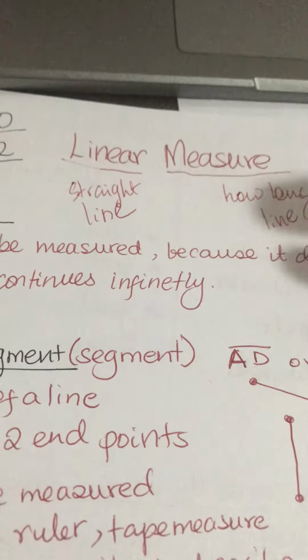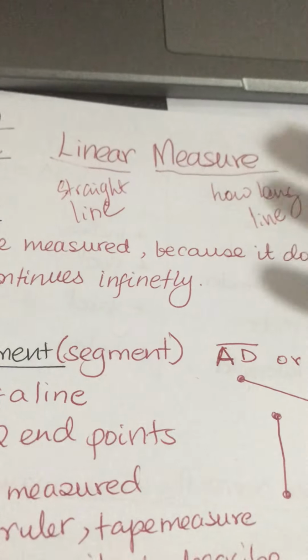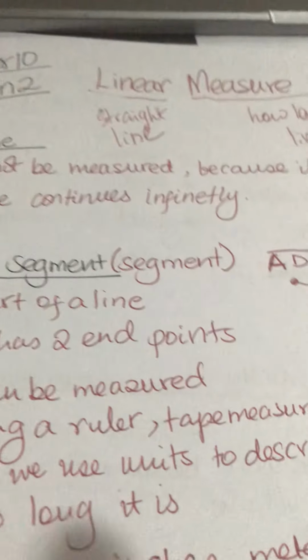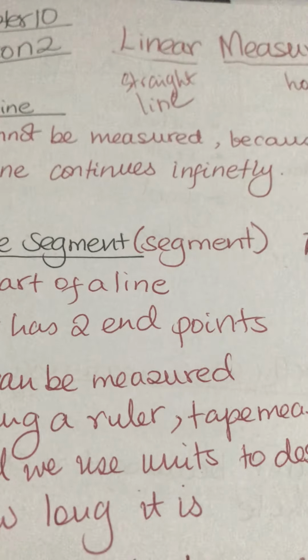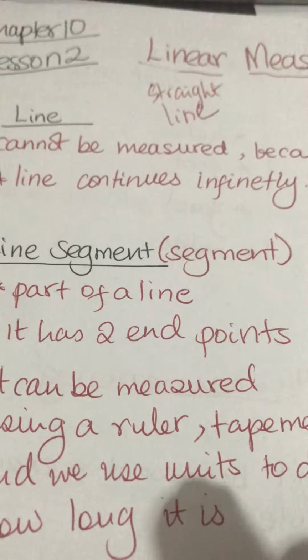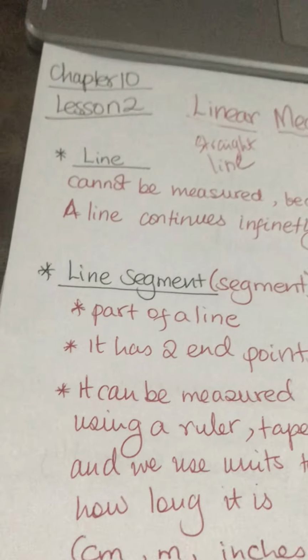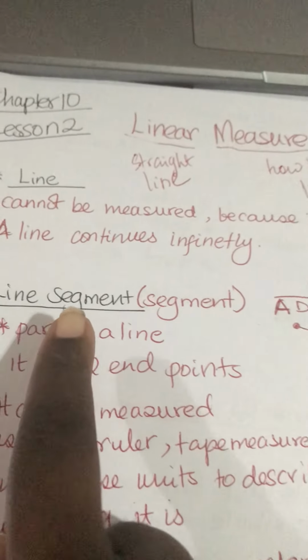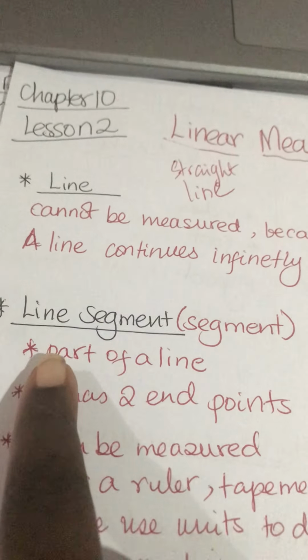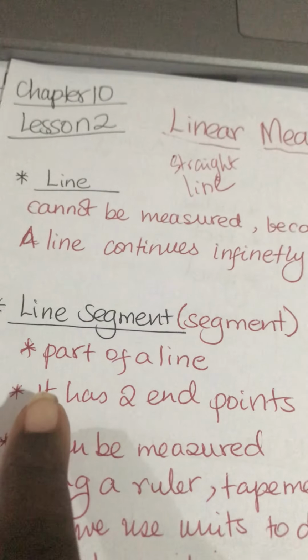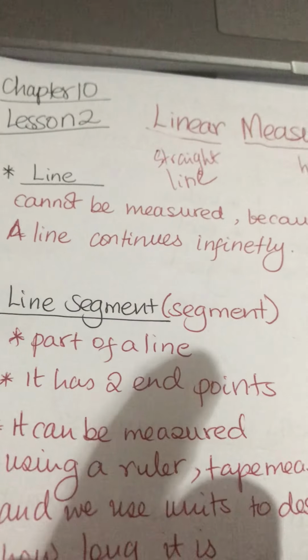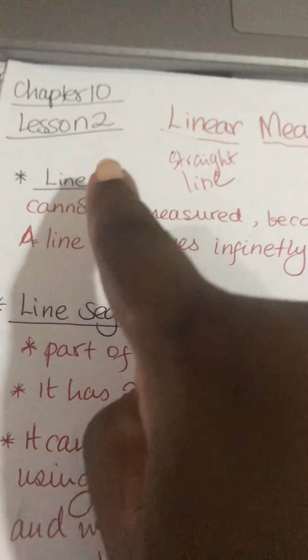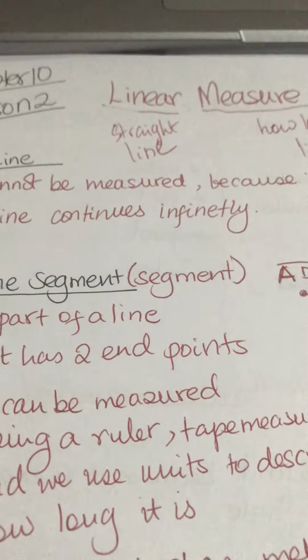Okay. So, a line cannot be measured because it does not stop, because it is infinite. Okay? That is why we cannot measure a line. But we can measure a line segment. That means part of a line. Okay? So, a line segment can be measured because it is part of a line, because it has 2 endpoints. You see, a line segment stops. A line does not stop. How can you measure something that does not stop?